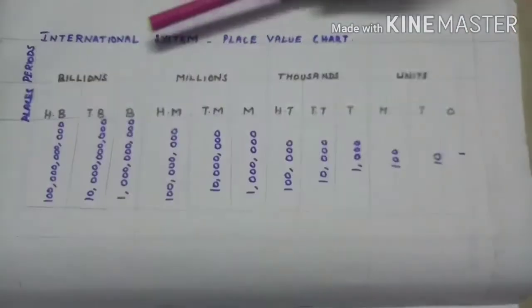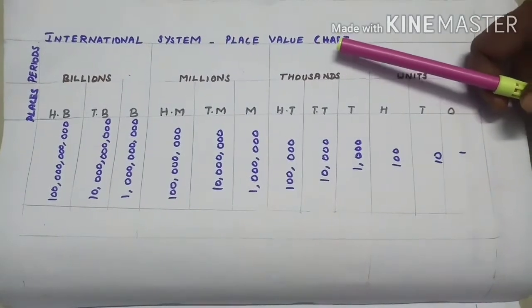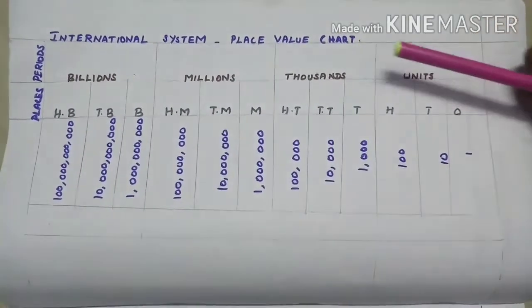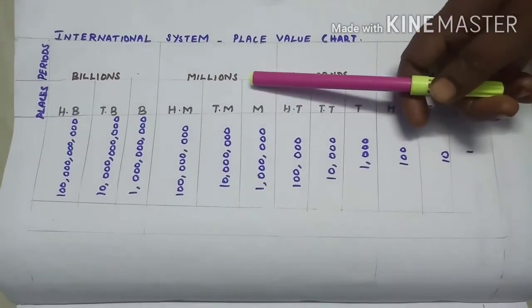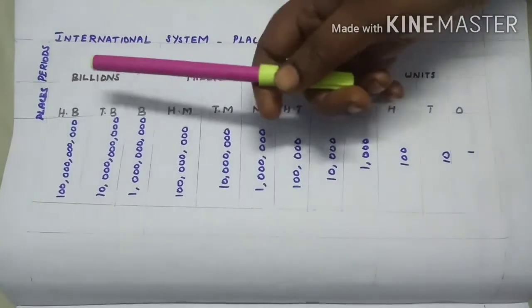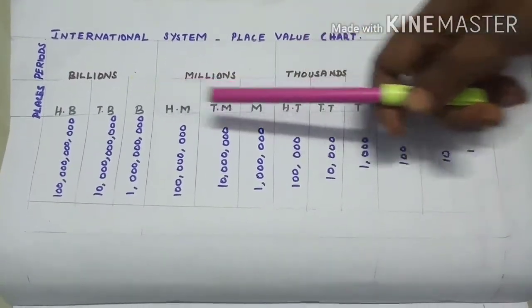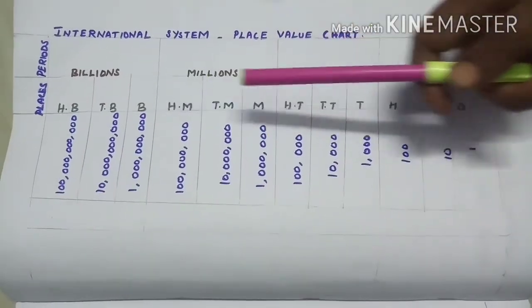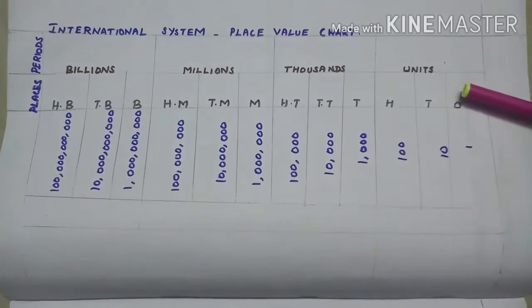Now, the international system place value chart. In the international system, the periods are units, thousands, millions and billions. And we are having some more things that you will learn later. Now up to billions we are going to study. So under units, what are the places?